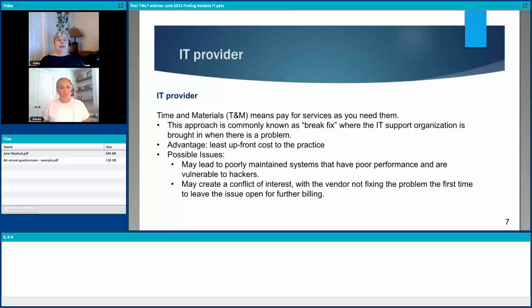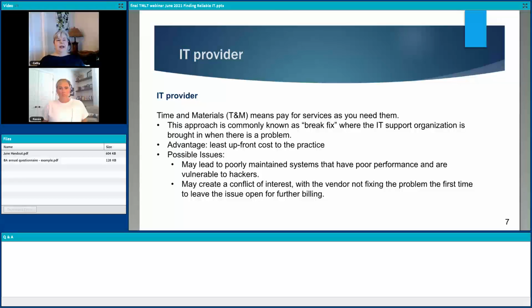This may actually lead to poor maintenance of your systems. You could have poor performance, and you could also be opening yourself up to vulnerabilities that hackers can actually take advantage of.